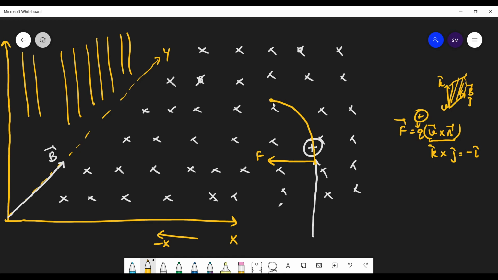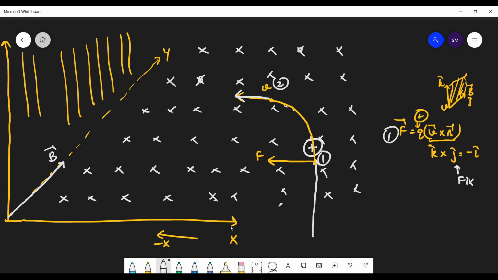Now again tell me, what is the direction of velocity? See, the direction of B is fixed, yes or no? So this is fixed. Now this is the first case. Now the second case. You can take all the cases here also, but you will get the same answer. What is the direction of v?